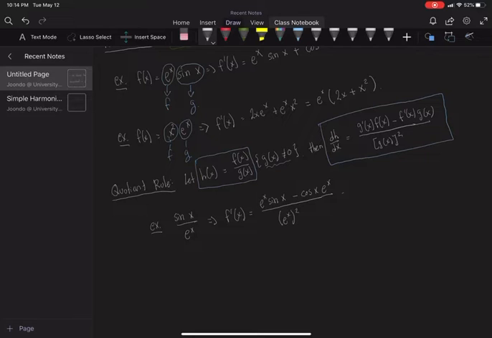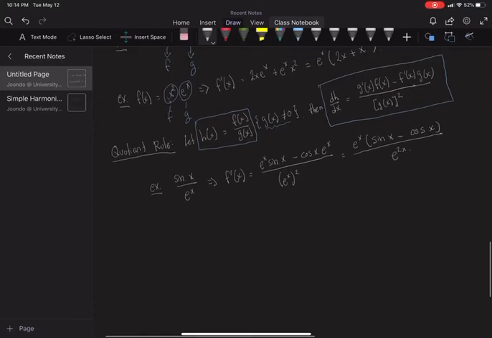So we get e to the x (cosine x minus sine x) over e to the 2x. Alright? And we can simplify this further, but I'm not going to do that.